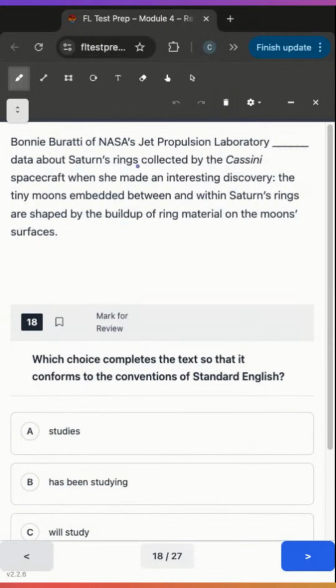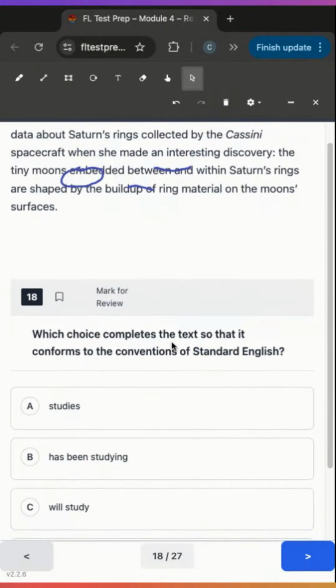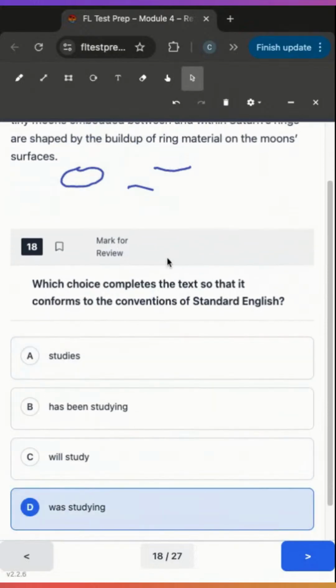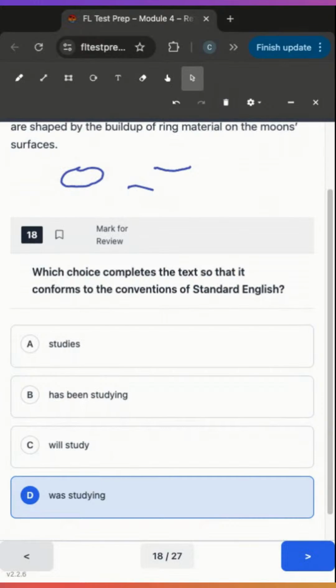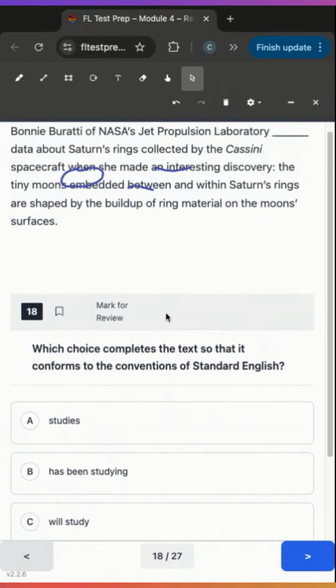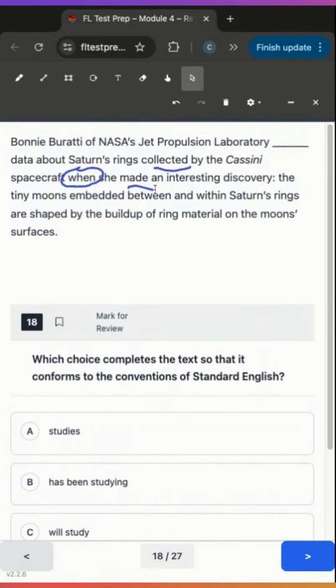"Was blank data about Saturn's rings collected," so past, "when she made an interesting discovery," which is past tense. But she was doing something when she made that discovery. So let's see which one sounds the best. It's probably going to be "was studying" because that's past as well. So all of this was past tense: collected, made.